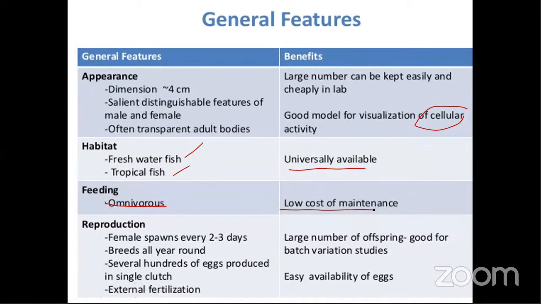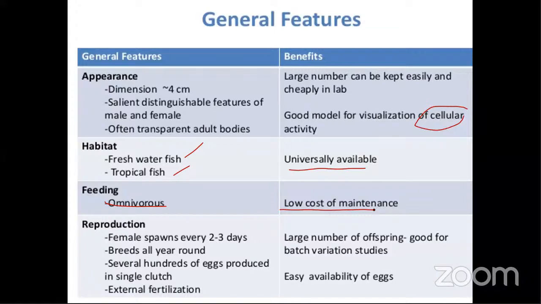In reproduction, the female spawns every 2 to 3 days and breeds all year round. Several hundreds of eggs can be produced in a single clutch. External fertilization. So that is about reproduction. Regarding the benefits, a large number of offspring, good for batch variation studies.